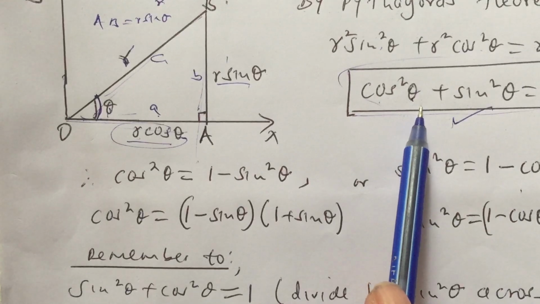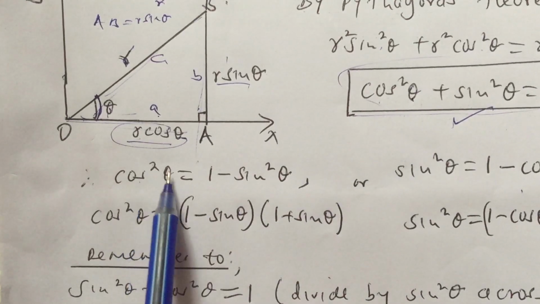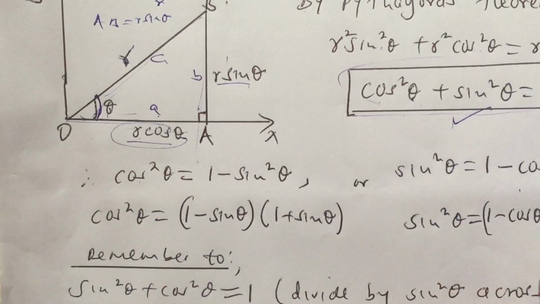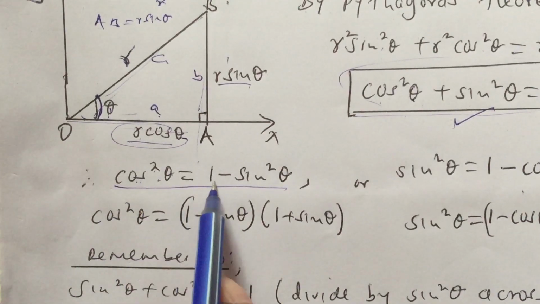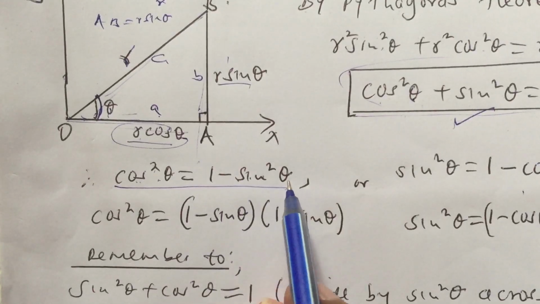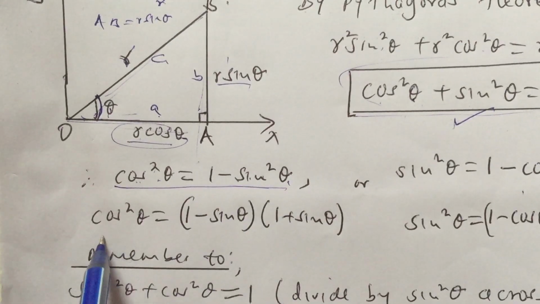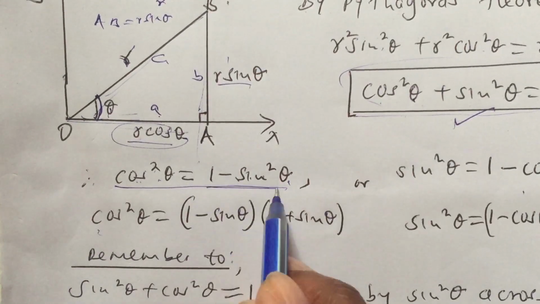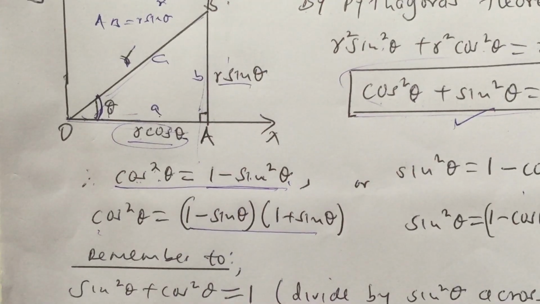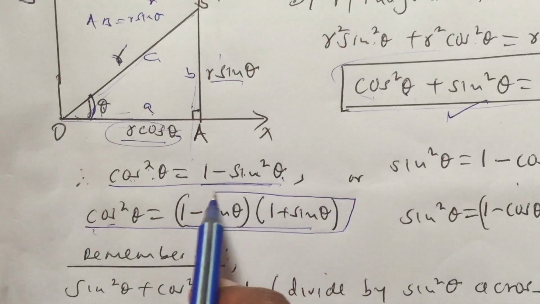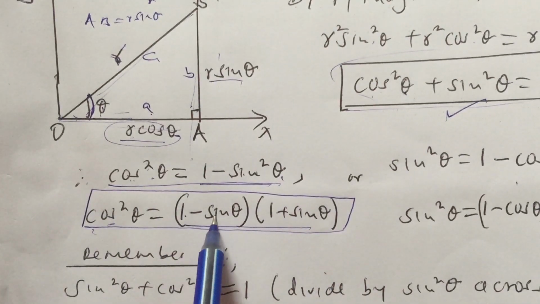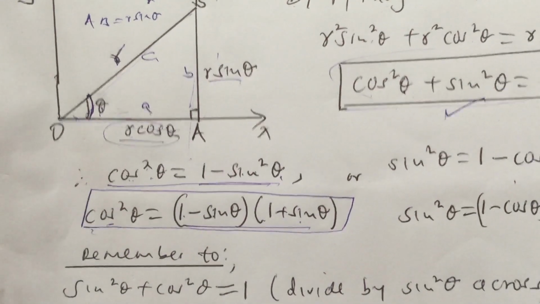Now, from this identity, I've made cos squared the subject by taking sine squared to the other side, so that cos squared theta can be written as 1 minus sine squared theta. From here, you can factorize this by use of the difference of two squares, and you can note that cos squared theta can also be written as 1 minus sine theta times 1 plus sine theta.